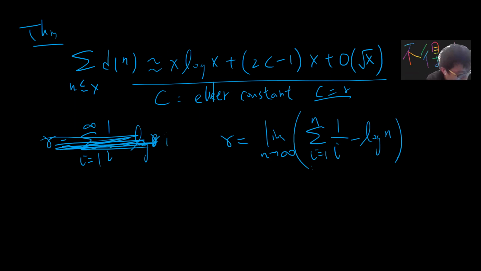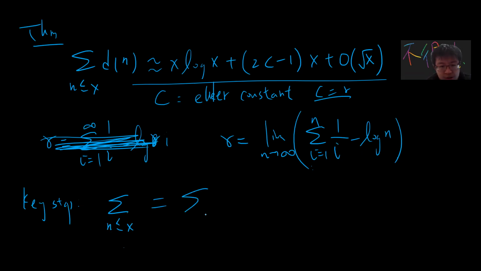The idea is very simple, and there's only one key step. If you want to sum over d(n), you can write it as a sum over qd less than or equal to x.